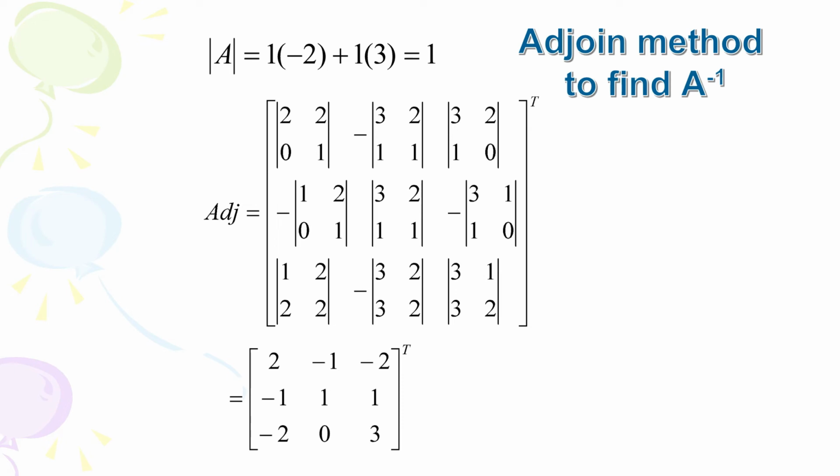You can see that we will have a 3 by 3 adjoint matrix, which is 2, -1, -2, -1, 1, 0, -2, 1 and 3.